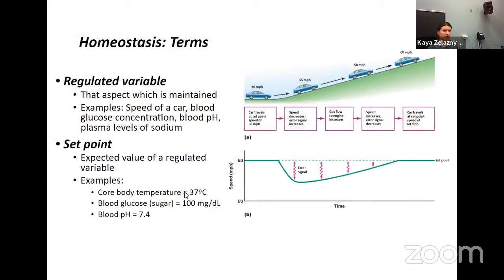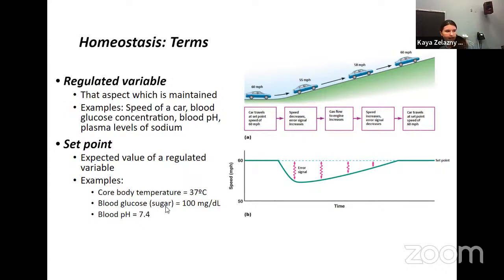So the set point is that specific number we're trying to keep under control. So on this car example, say 60 miles per hour, or in terms of your body temperature, say like 98.6. Those are our set points. We should talk in metric in this class. So core body temperature is supposed to be 37 degrees Celsius.